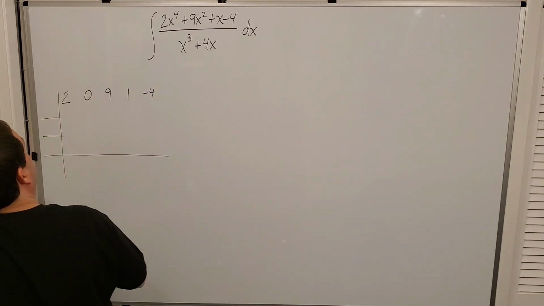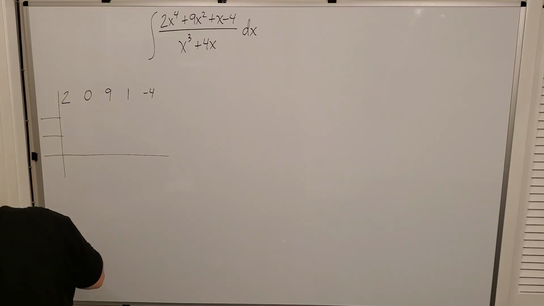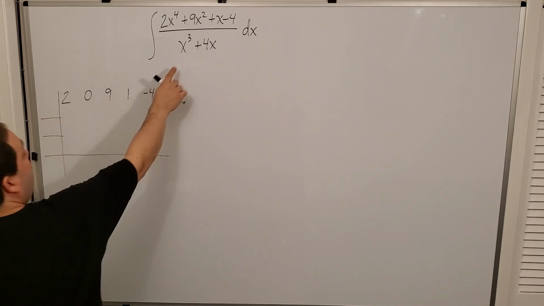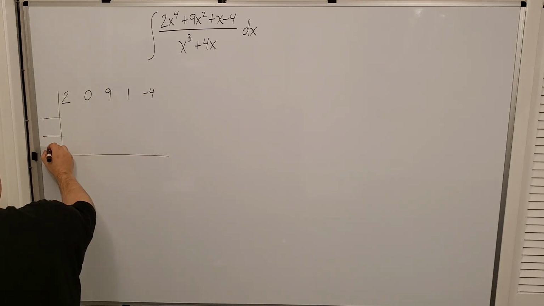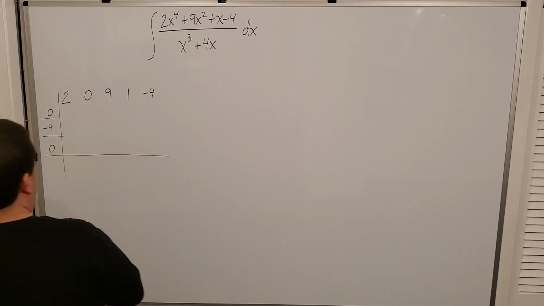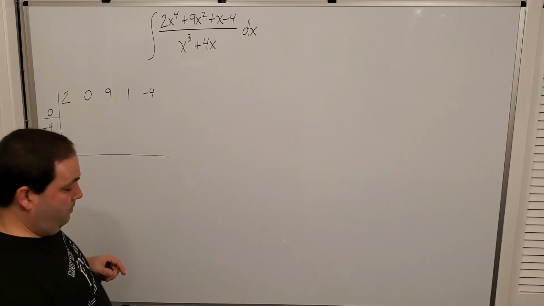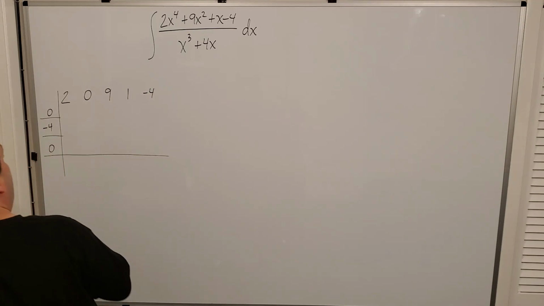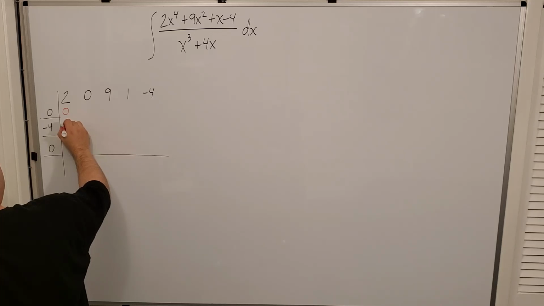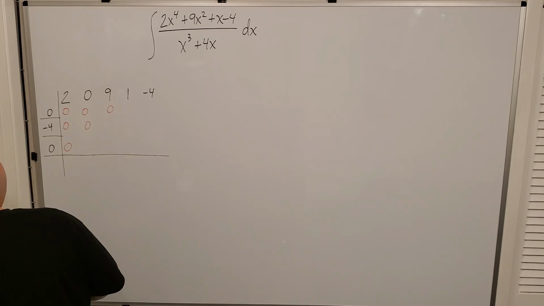I don't need a division rule because there's a 1 here, but I'm going to count upwards. There's no squared, so that's a 0 for the squared. Minus 4 for the x, and there's a 0 for the number constant there. Since there is a cubed here, I have to shift by 3 diagonals. So 1, 2 diagonals, 3 diagonals.